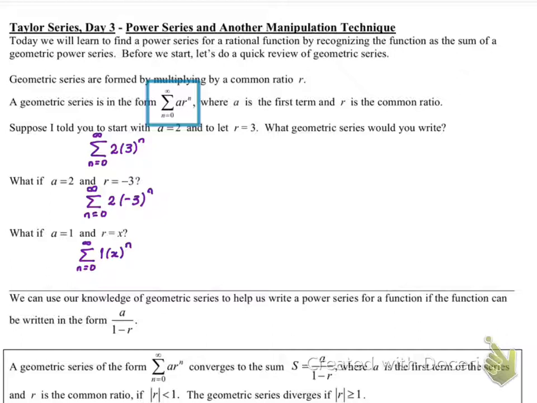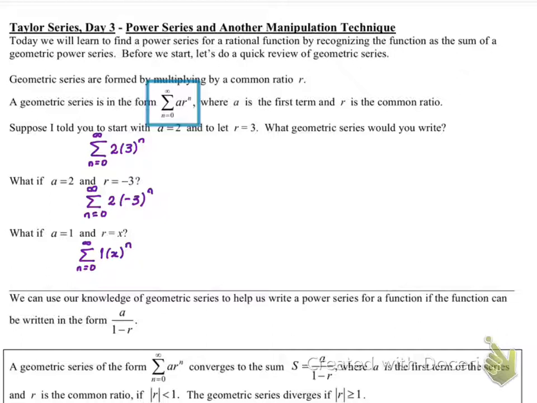We know that these are geometric series, so we can actually create a power series for the function. We can use our knowledge of geometric series to help us write a power series for a function if the function can be written in the form a over 1 minus r.